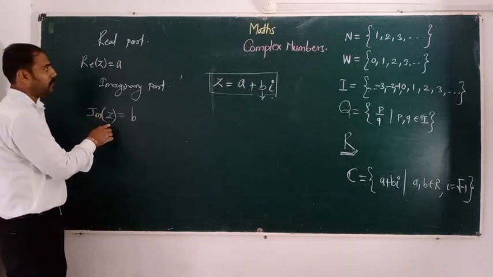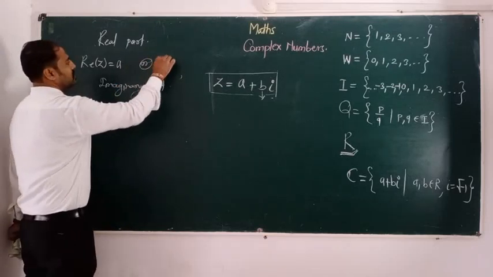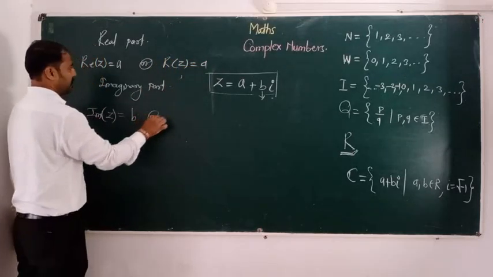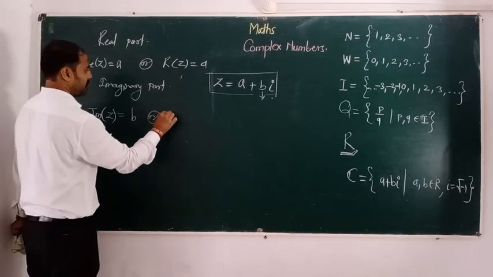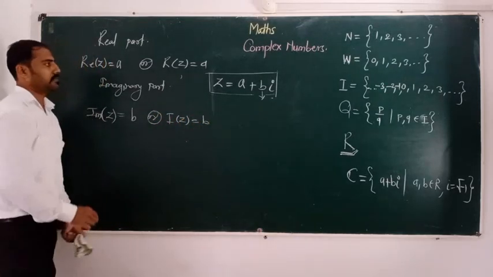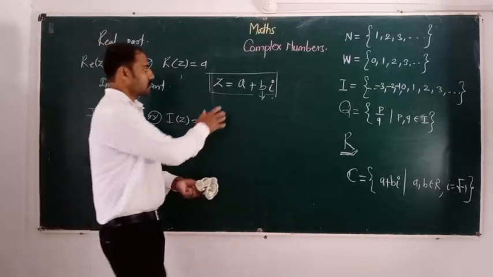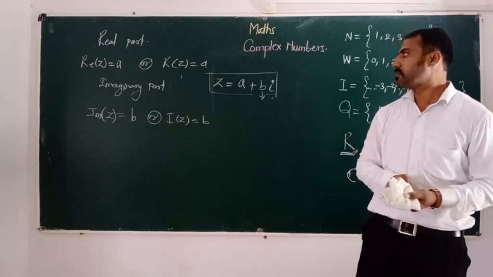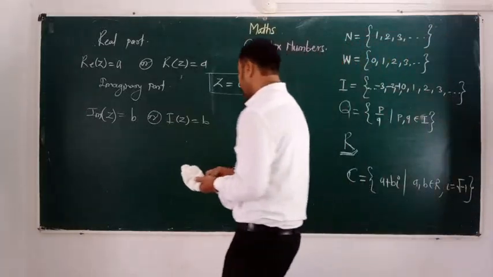It is denoted by Im of z, so imaginary part of z is Im of z is equal to b. Okay, so z is equal to a plus bi. a is called the real part of z, b is called the imaginary part of z.